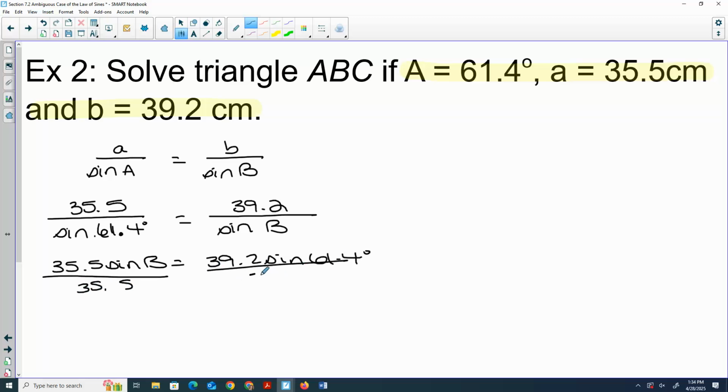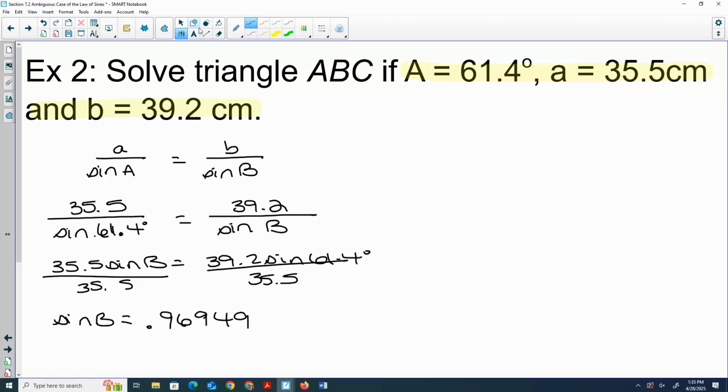Divide by the 35.5. So we get sine of B equals 0.96949. Okay, is that possible? Yeah, so we are going to get a triangle.